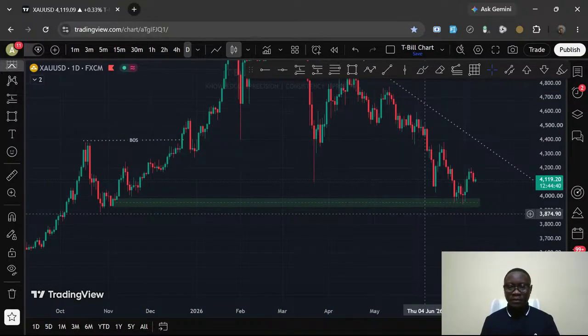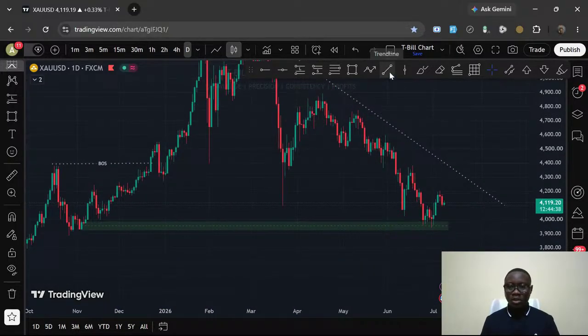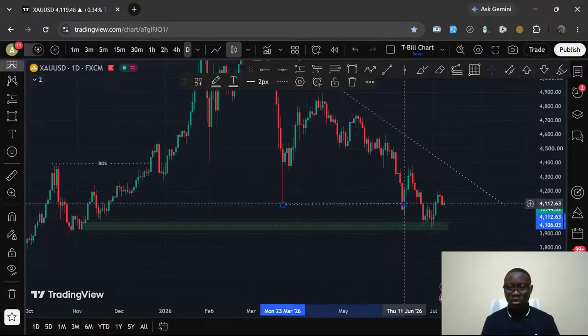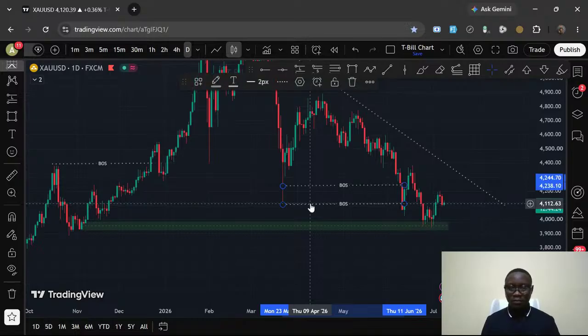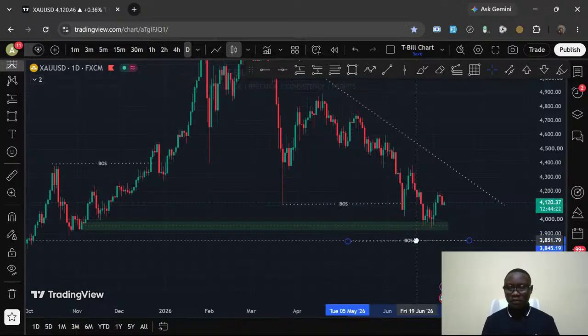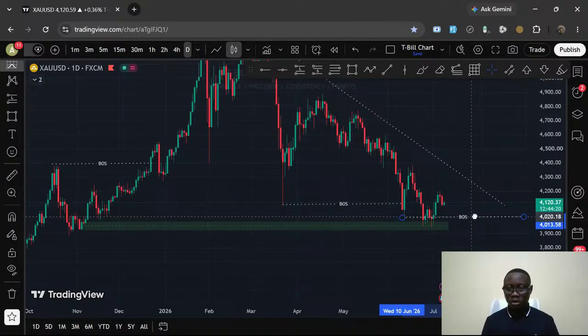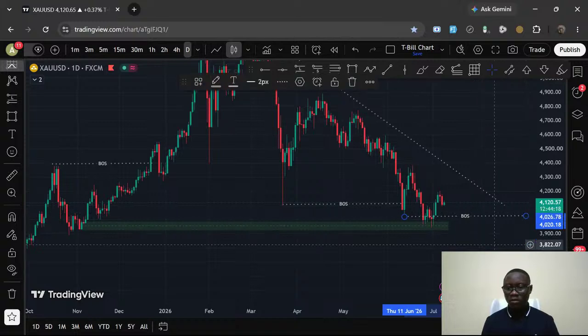Okay, now since we are bearish, the last break of structure to the downside, let's establish that we have this BOS, and of course there is another break of structure right here. So we have this break of structure right here.